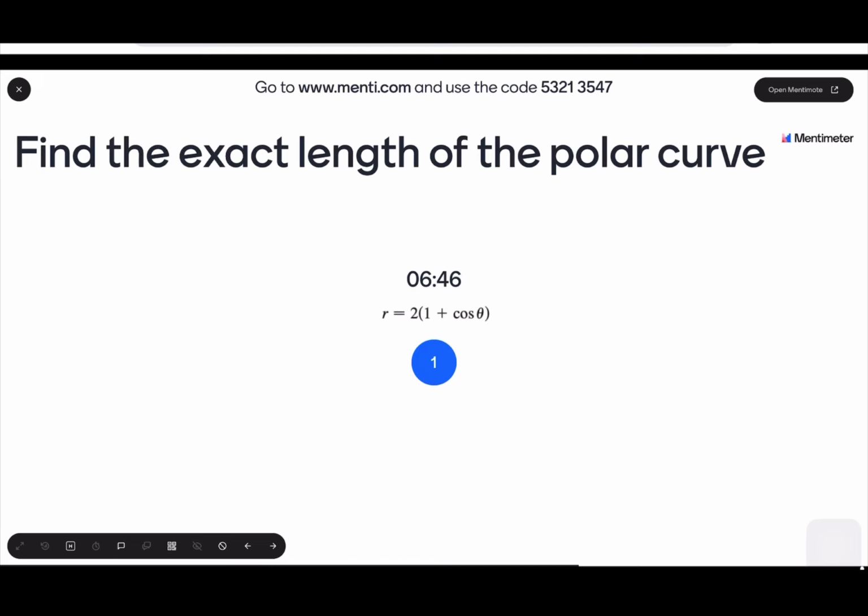Remember the length of the curve. So in parametric, you have dx/dt, right? And dy/dt, and you have the interval a to b. And remember what it will be if you have the polar.